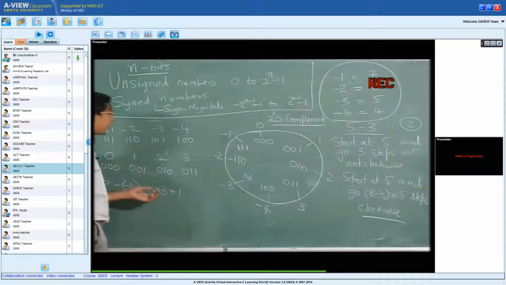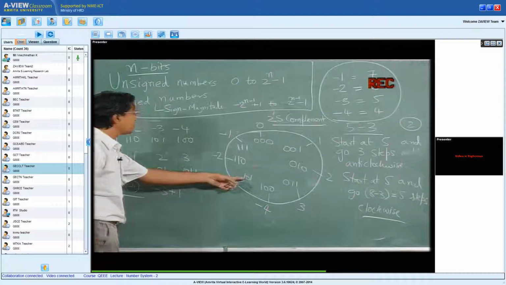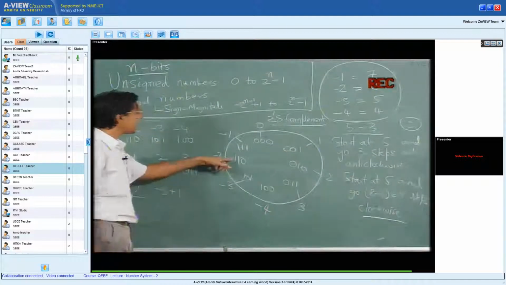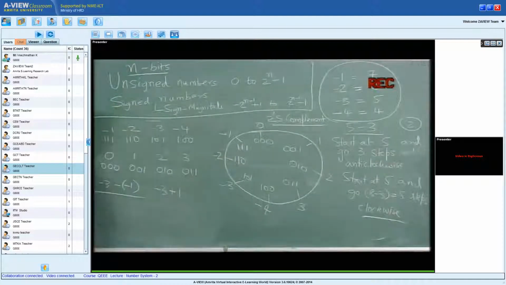So if I give the representation of 101 and 001, automatically I get 110, right?